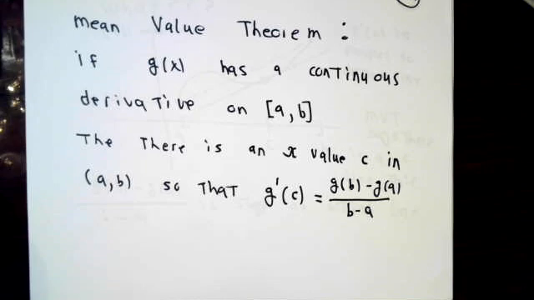Then there's an x value somewhere between x equal a and x equal b, call it c, that has the property that g prime at c is the difference of the values g of b and g of a divided by the difference b minus a. This is the mean value theorem.